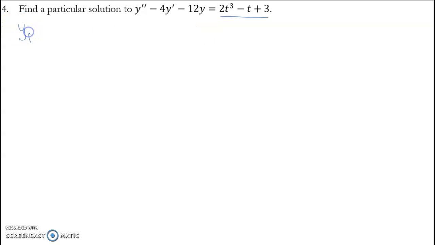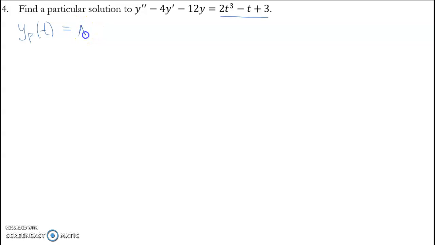If we were to find the particular solution, it's better to start with the highest degree, which is t to the power of 3, and just go down, including all of the terms, even though we don't see the term for t squared in this case.